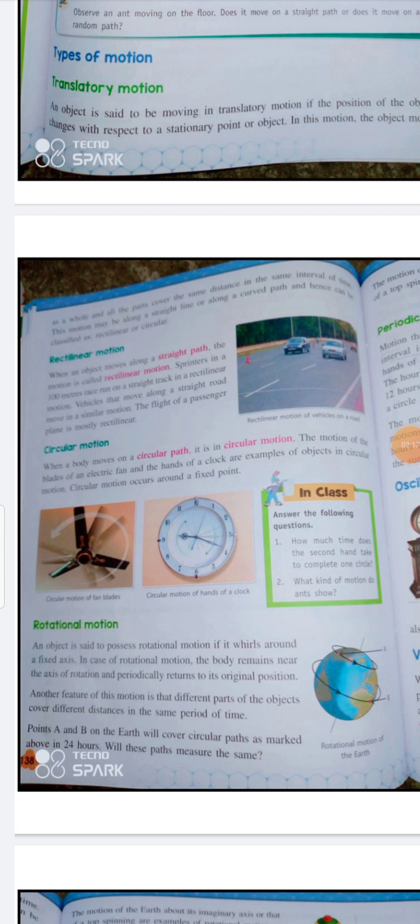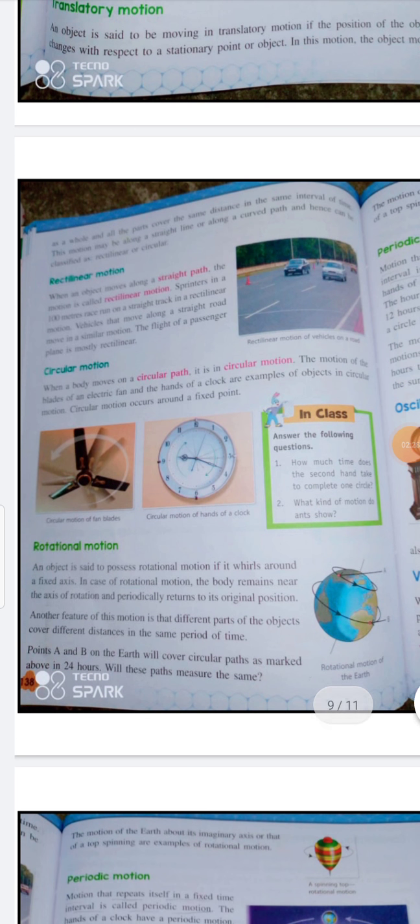Examples include a bus moving on a straight highway, a group of ants moving in a line, an athlete running a 100-meter race on a flat surface. These are examples of rectilinear motion.